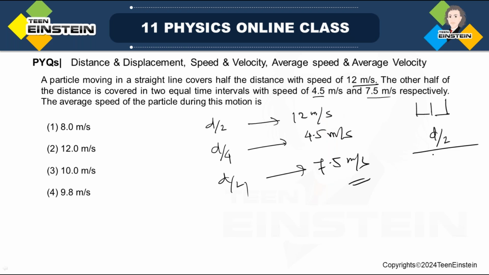Equal time interval with different speed. That means you know the time intervals, like d by 4 by this plus d by 4 by 7.5. Okay, these are the times.